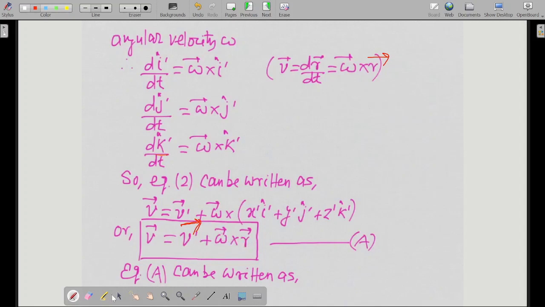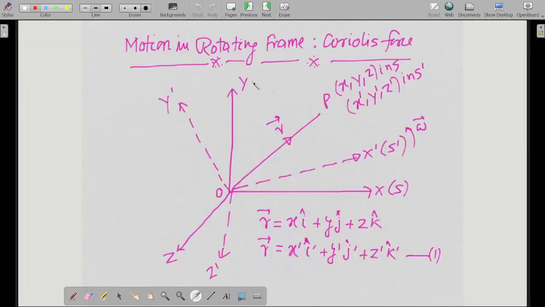You will certainly understand all this after you actually solve everything. Solve means copy down everything, and if you try to understand everything, you will be clear with all these things. Now x prime i cap prime, y prime j cap prime, z prime k cap prime: why have these been written as r vector? Because the origin of these two frames, S prime and S, is the same.